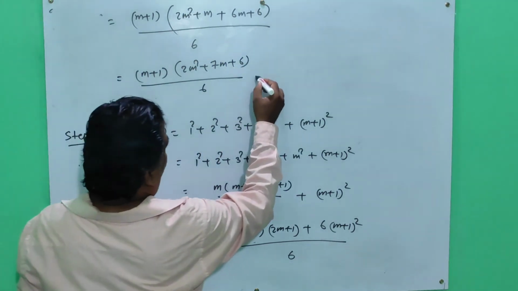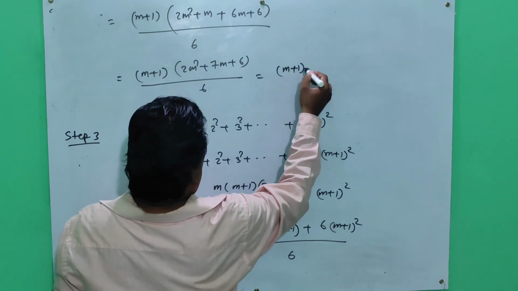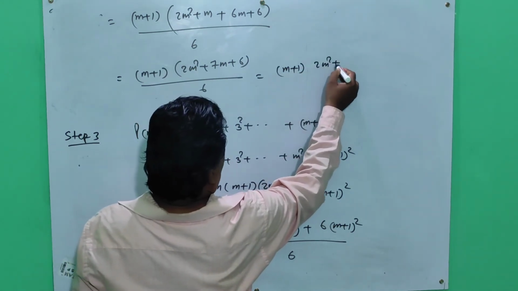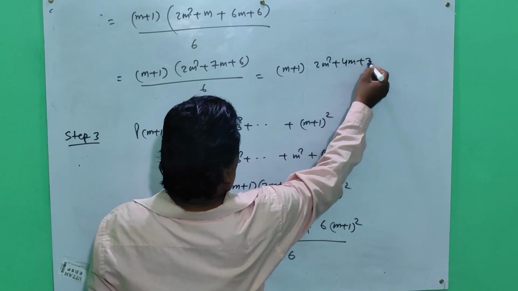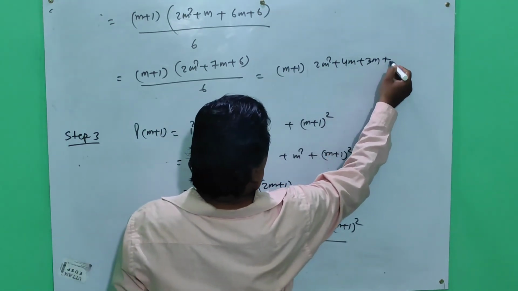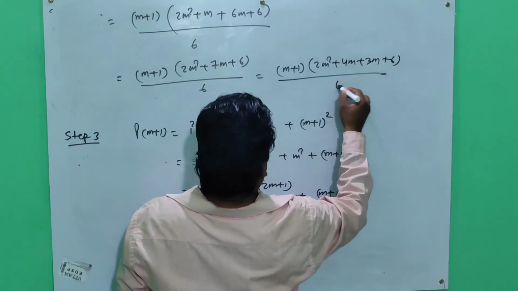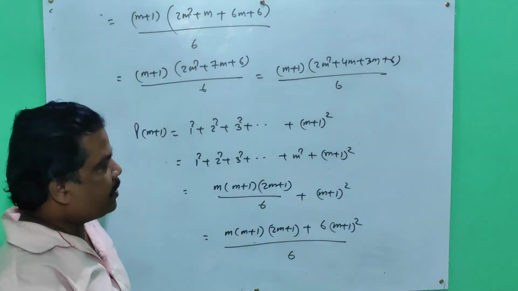And that is equal to (m+1) into (2m square plus 4m plus 3m plus 6). We take factors: the product is 12, the sum is 7.